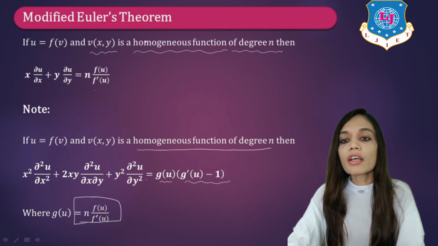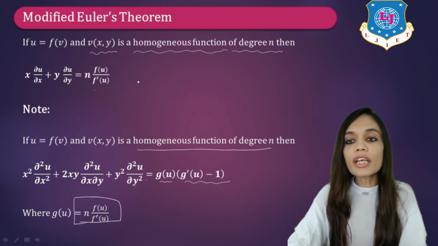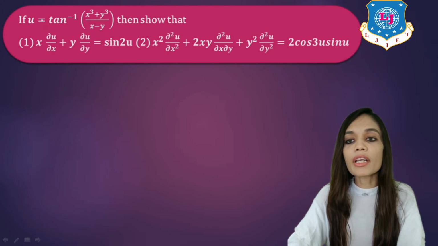So let me explain this using one example. So the example is, if u is equal to tan inverse x cube plus y cube upon x minus y.